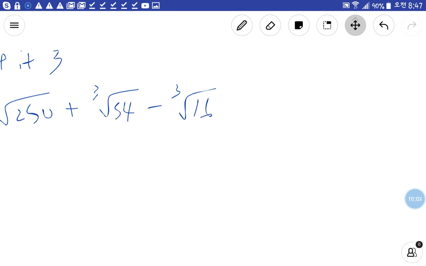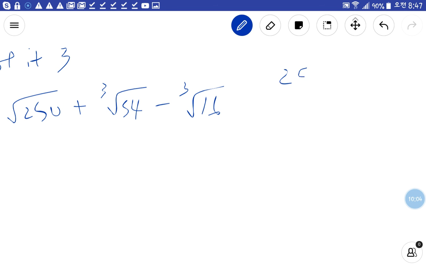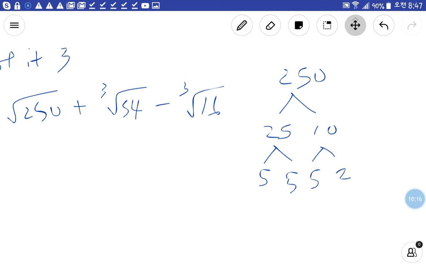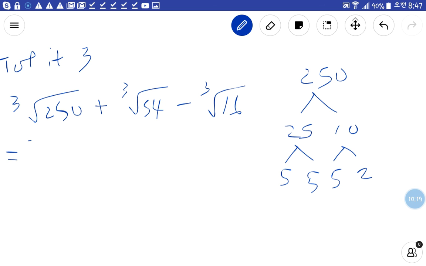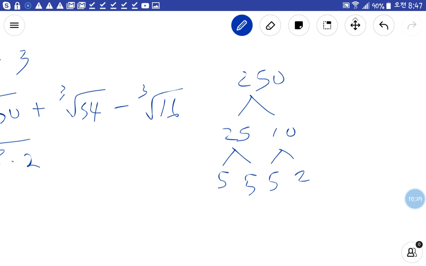So I'm going to do the prime factorization of 250. 250, 25 times 10. 25 is 5 times 5, and then I do the 10 as 5 times 2. So I may rewrite 250 with the cube root as 5 cubed times 2. I expect that I'm going to have a 2 in the radicand. Now, 54.